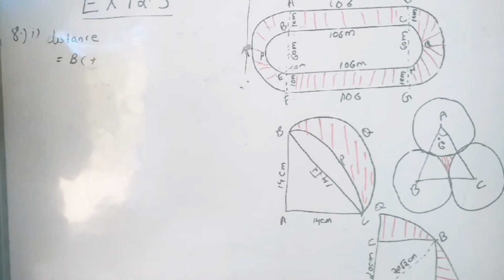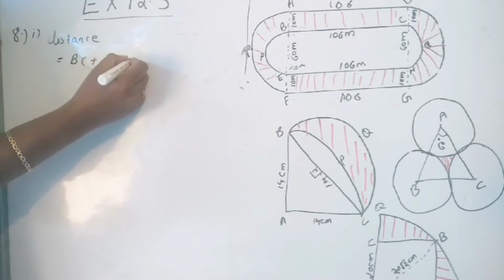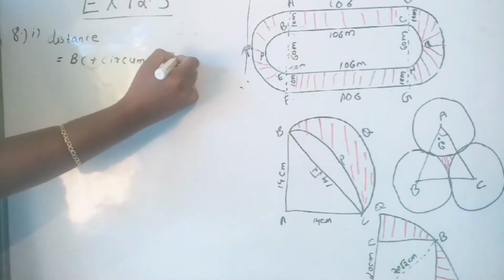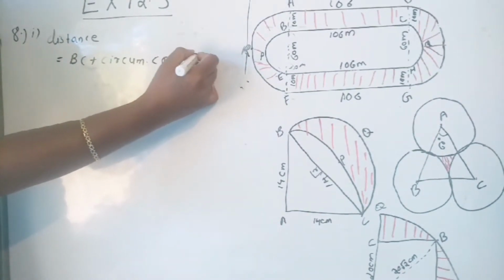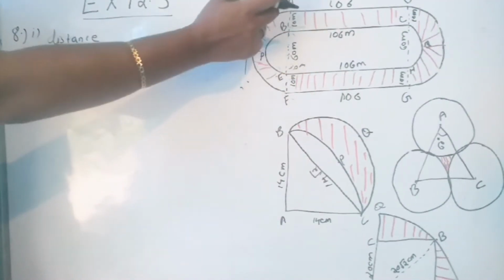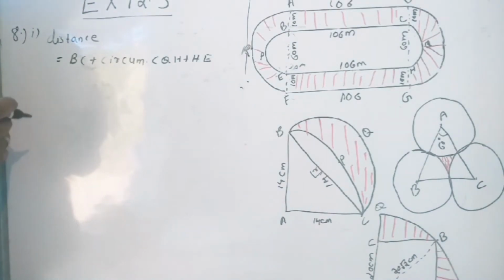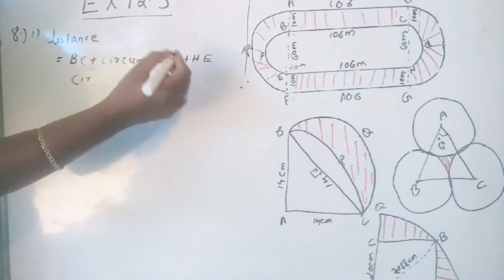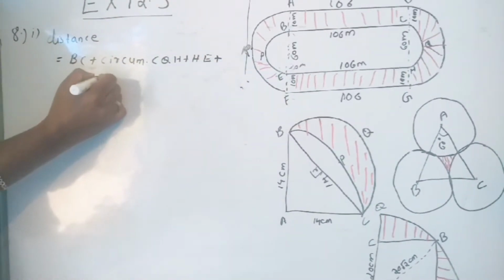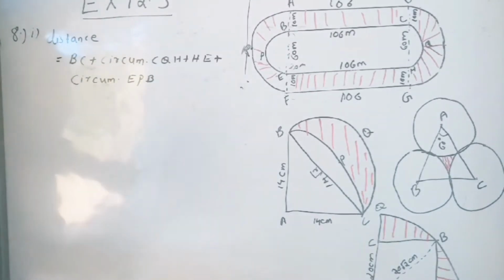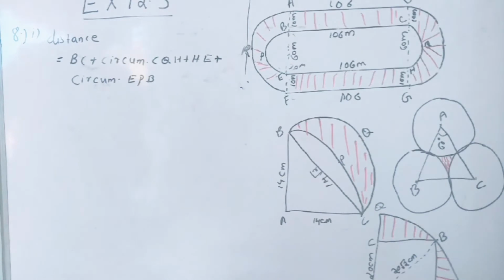Then plus HE, and this end is also circular, therefore EPB is also the circumference of a semicircle, plus the circumference of the semicircle EPB.